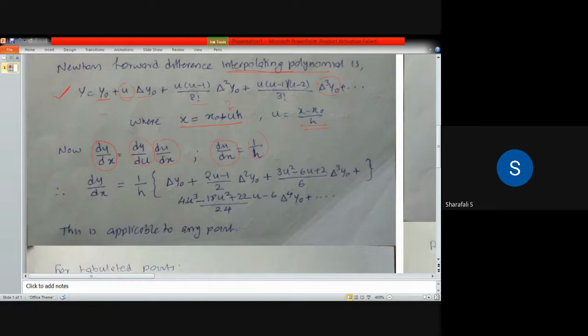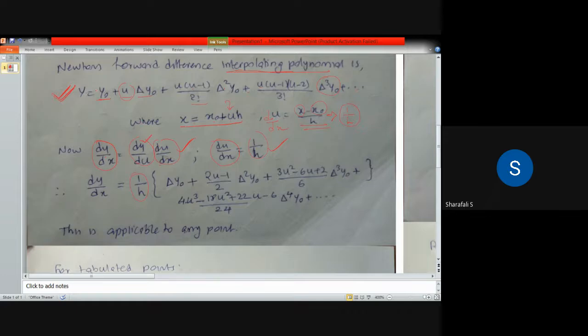You just differentiate this one: x0 is a constant, and the term u h is differentiated, so that will become 1 by h. So du by dx becomes 1 by h. That's what we have written here. So 1 by h times, then we have to calculate dy by du. For that, we have to differentiate this particular equation with respect to u.